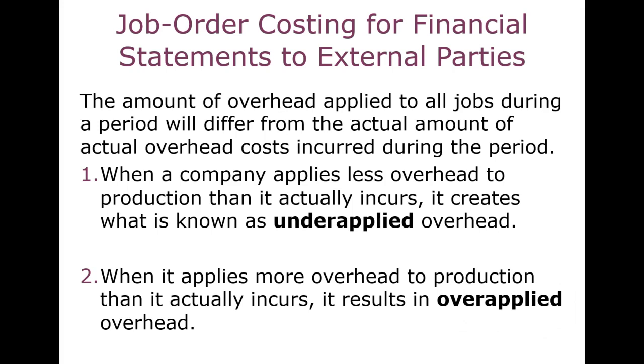We use that to find a predetermined overhead rate. In this example I showed earlier, remember $4 per hour, per direct labor hour. We apply that to the units being made during the year. But when we get to the end of the year, since we started with estimates, we compare those to the actual at the end of the year, and it's never going to be the same. Hopefully it won't be too far off, but it'll never be the same.